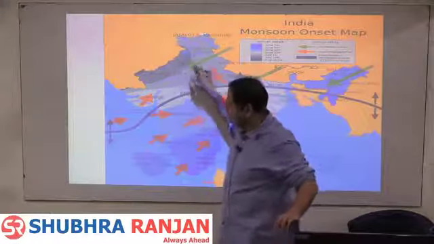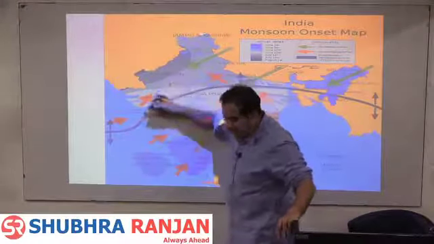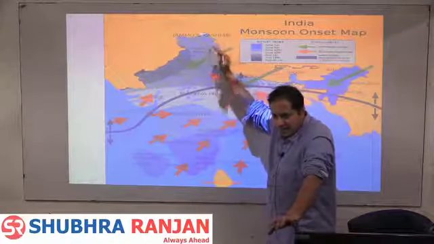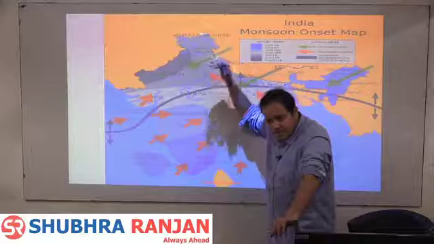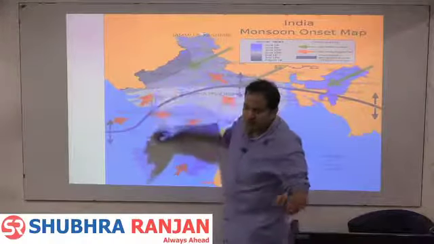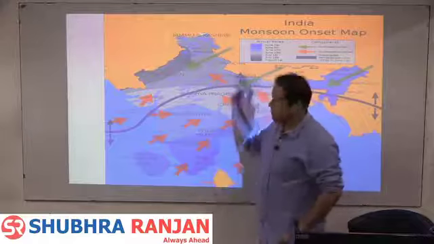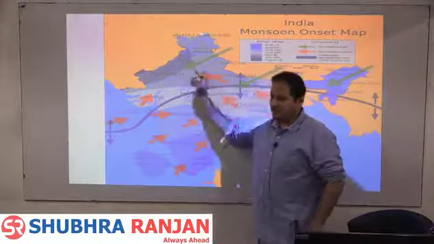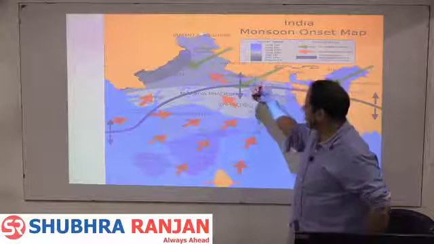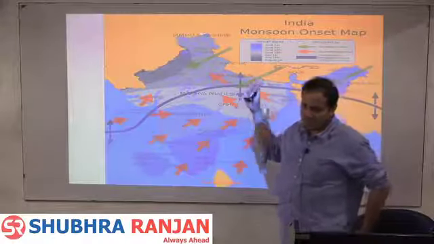Because of the heating of this part. While the Arabian Sea branch is going directly and hitting the Himalayas. Orographic uplift नहीं है, orographic barrier नहीं है, therefore the Arabian Sea branch is not giving much rainfall in this part, but here the Bay of Bengal branch is giving the rainfall. This is the ITCZ, and these are the trade winds from the northern hemisphere.